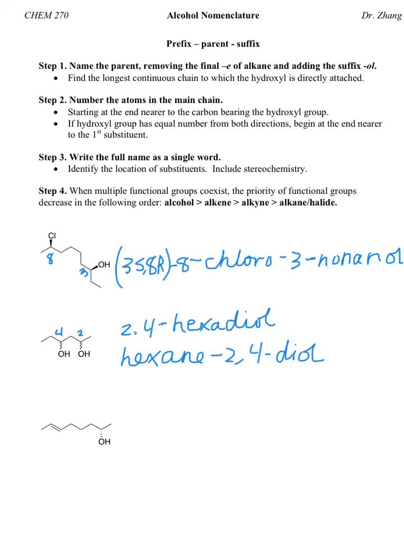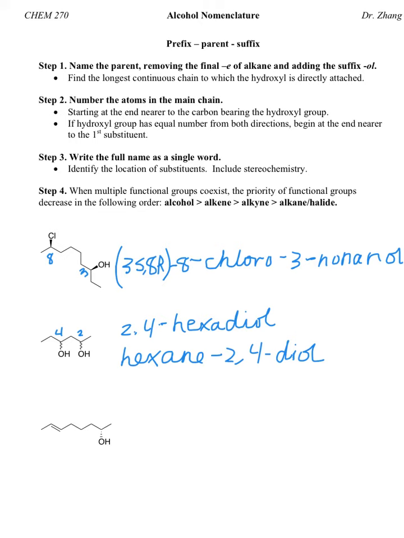The last molecule here has two functional groups as well, an OH functional group and a double bond. Again, alcohol is of higher priority than an alkene, so we're going to name this compound as an alcohol. Again, we number the main chain from the right-hand side.